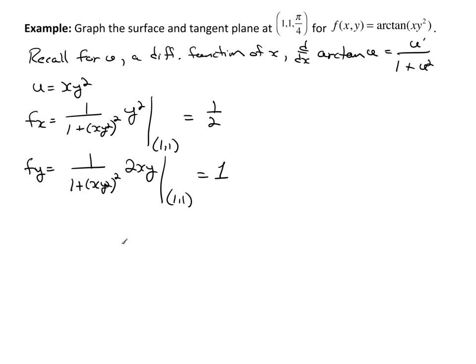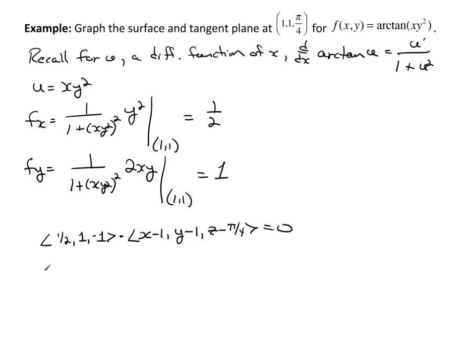Now, I'm going to do this with vectors. So I know it's going to look like (1/2, 1, -1) dot (x minus x naught, which is 1, y minus y naught, which is 1, and z minus z naught, which is pi over 4), and set that equal to 0.